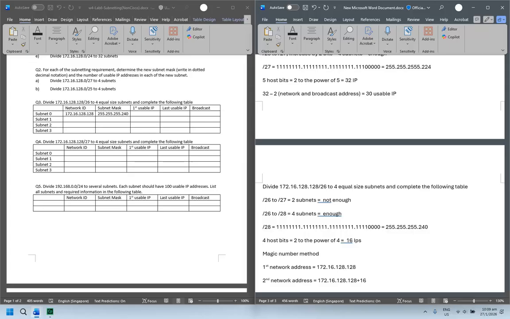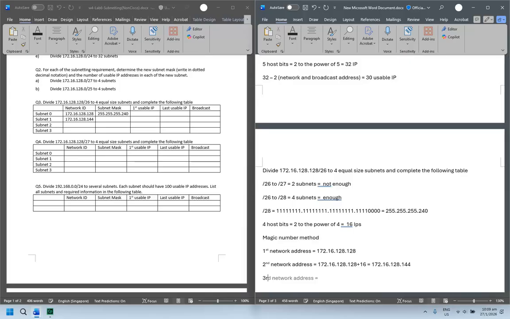By adding 16, I will be able to get the network address of the next group, which is equal to 172.16.128.144. By doing this calculation, we are able to get the rest of our groups, if required.